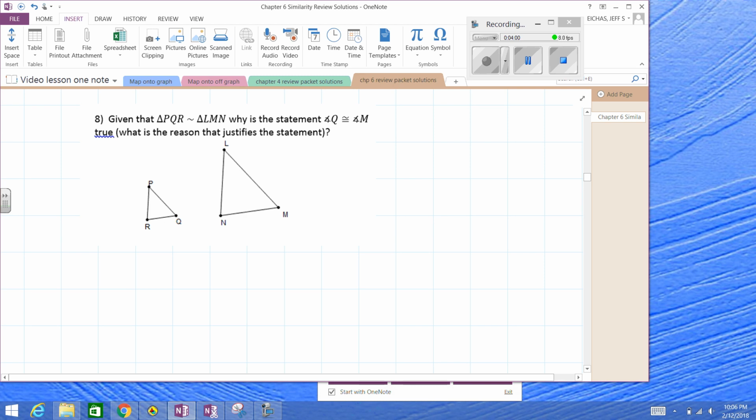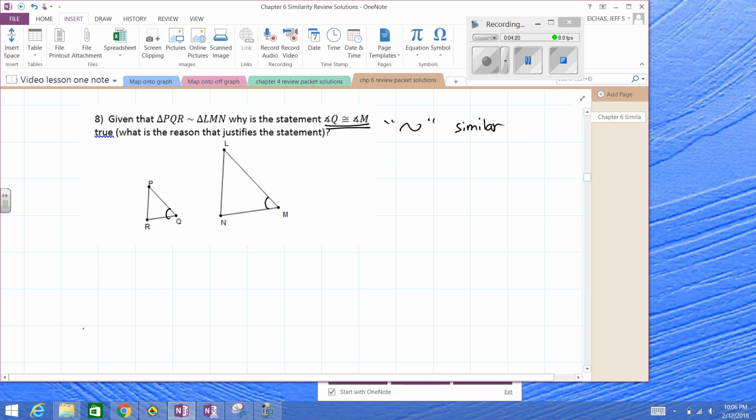So given that PQR, this symbol, is similar to LMN, this is pretty reasonable. Why are those angles congruent?